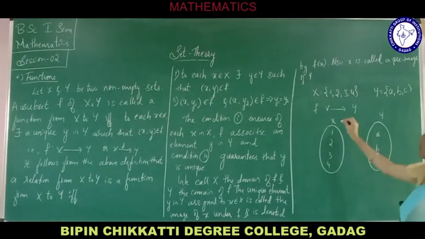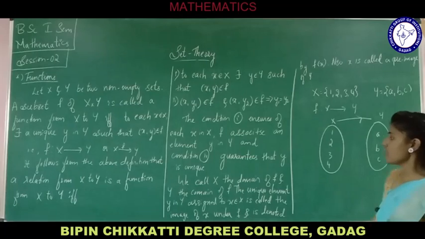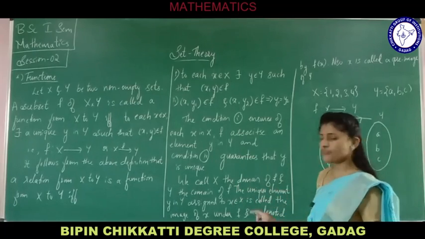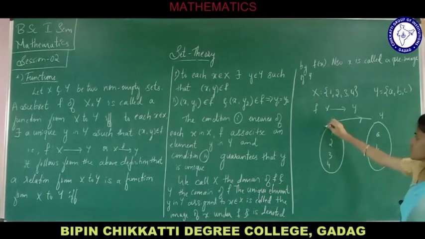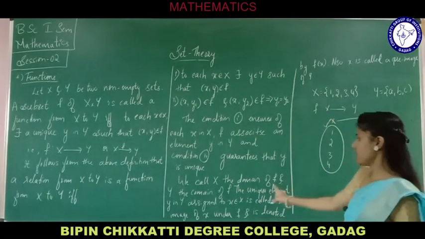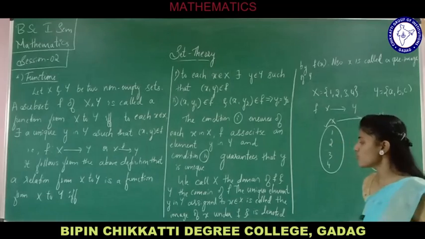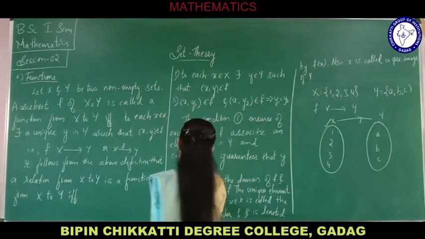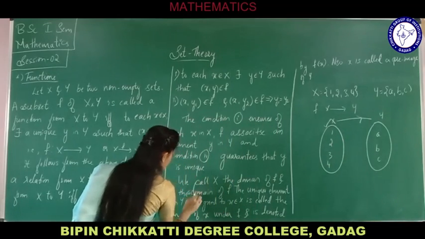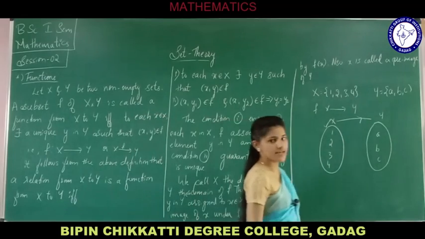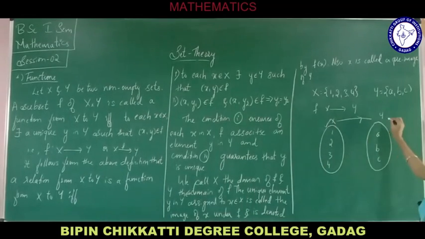So, F is a function from X to Y. Here, X is called the domain of F and Y is the codomain of F.